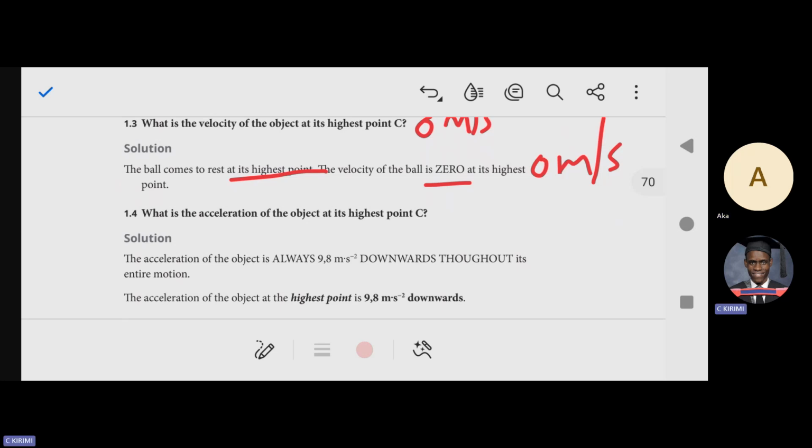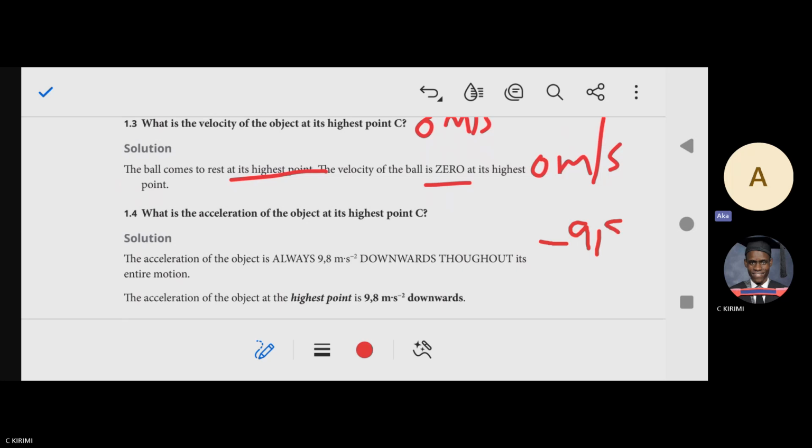But the acceleration is negative what? 9.8. Yes. What made the object remain there at 0 velocity is because the acceleration due to gravity was pulling it down. So it was constant, which is negative what?